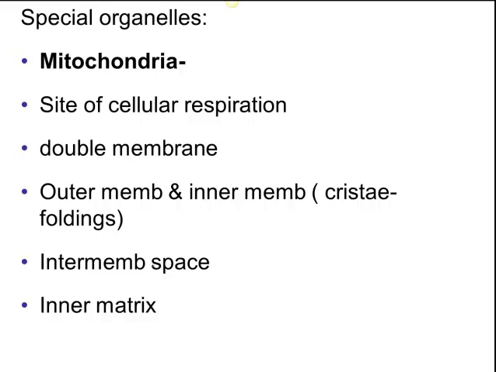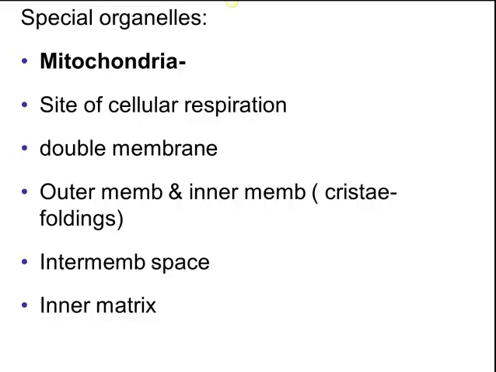Then we move on to talk about the different special organelles present in a eukaryotic cell. Mind you, all of this that I'm talking about is present in eukaryotic cells. There are certain things commonly present in all eukaryotic cells. So if I'm talking about plant cells and animal cells, whatever I spoke about so far is generally present in both.